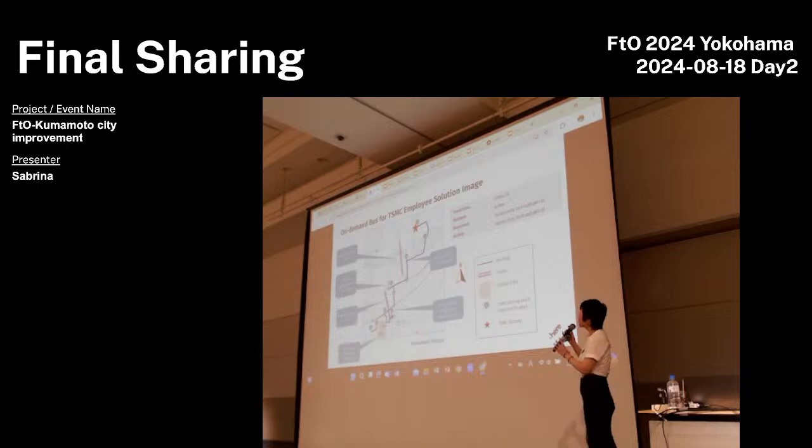Since it's an on-demand bus, we can also suggest requests, since a lot of people may not live in the area where most employees live. We can add functions so you can order your shuttle bus maybe 30 minutes to 1 hour before you want to go, which will be easier.